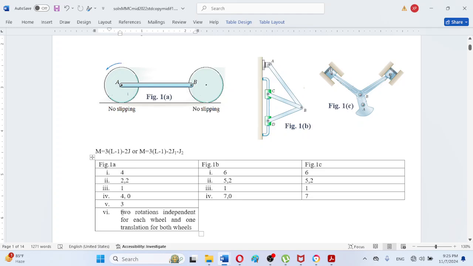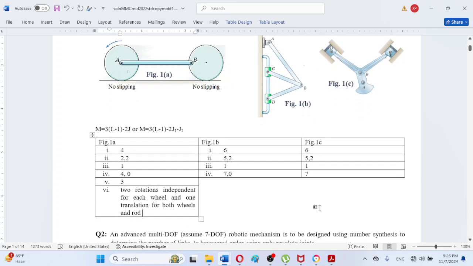I have briefly stated here that there are two independent rotations, one for each wheel, and one translation for both wheels, or we can also add the rod. In this way there will be three independent motions available, so they will be treated as the DOF. So in this way question 1 has been solved.